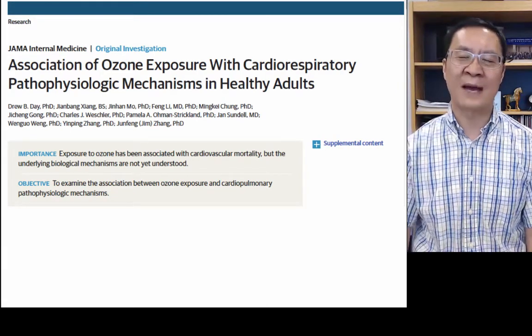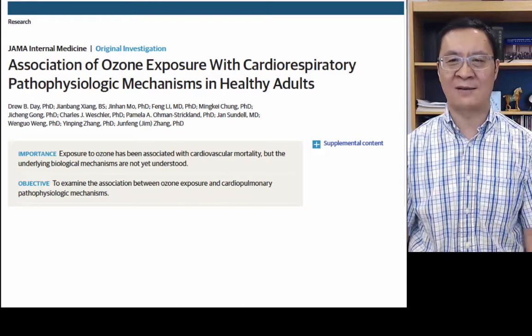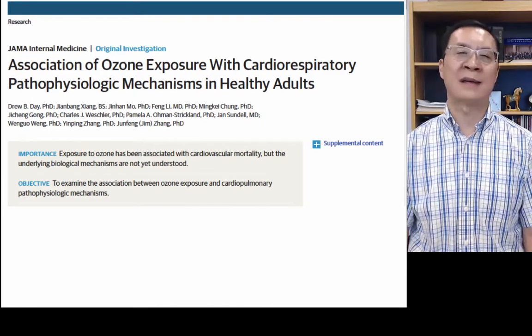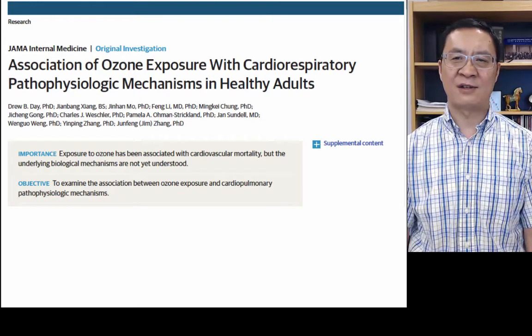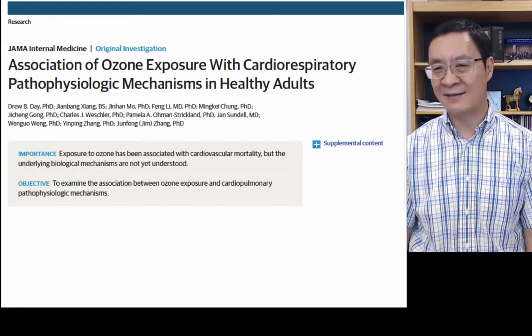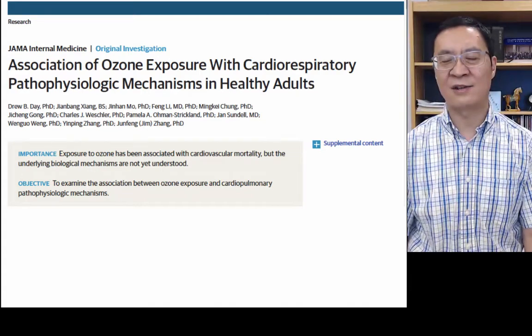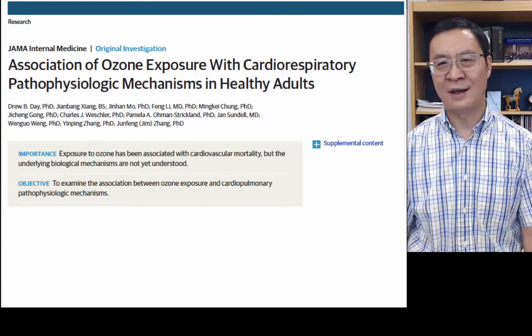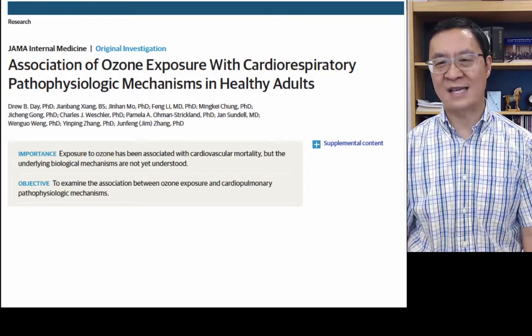Recently, we found that even at relatively low ozone levels, the ozone exposure will actually increase platelet activation, which means increased blood coagulation and also blood pressure, which is not good for cardiovascular health.